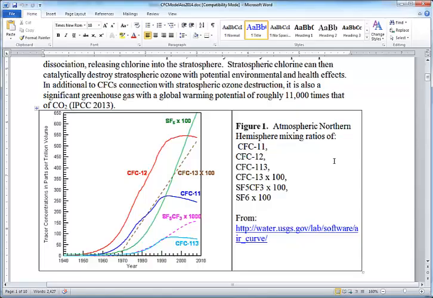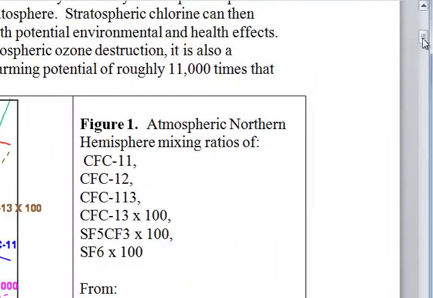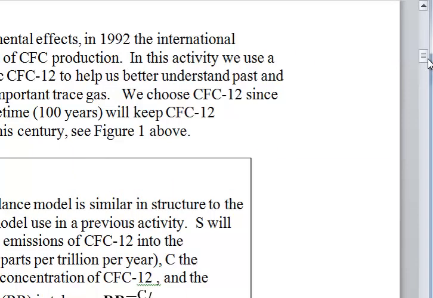So it makes for an easy number to use in our exploration. So the first part of the activity is to look at data, and then in the second part we'll use a model similar to our water tank model, where we have an inflow of atmospheric CFC into the atmosphere.